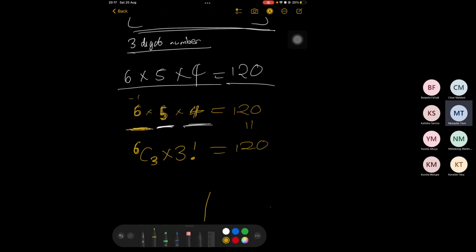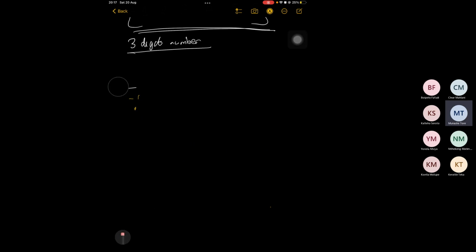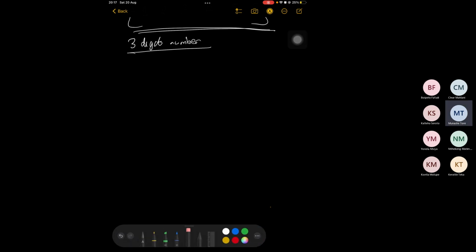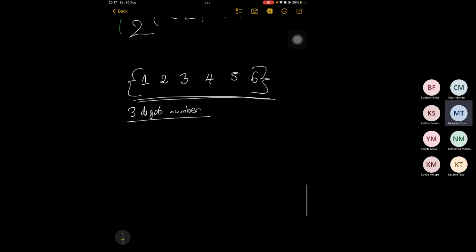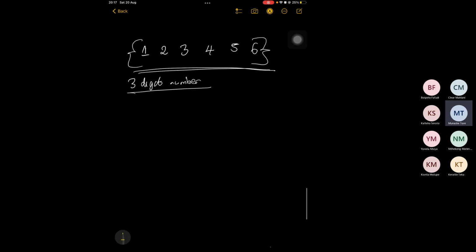This is the first one. Now, what do we do? Let me remove this because we already answered the first one. Then, this is my second question, also with 1, 2, 3, 4, 5 and 6.